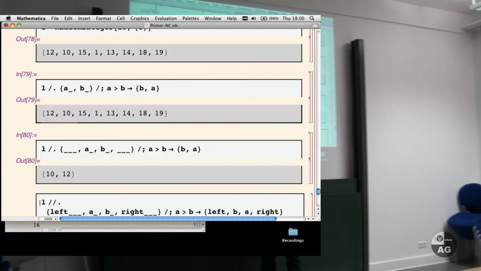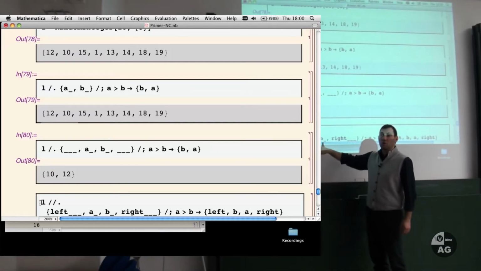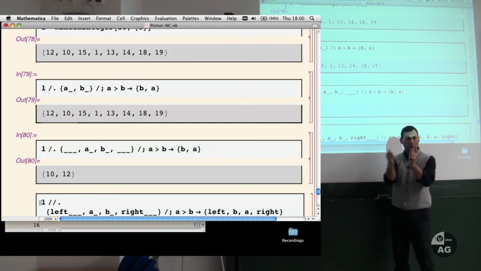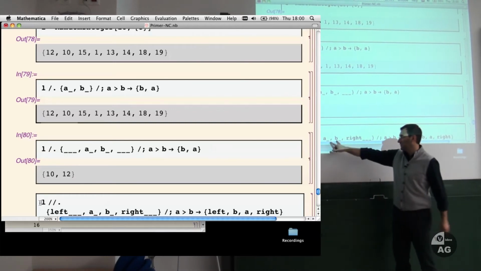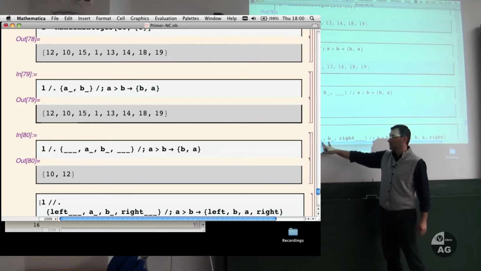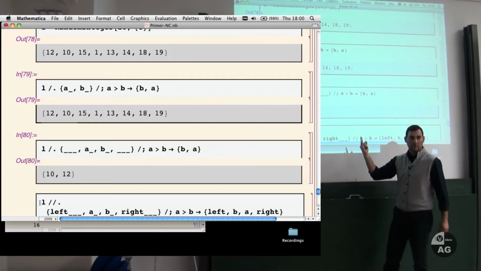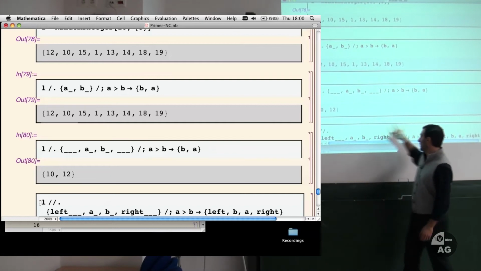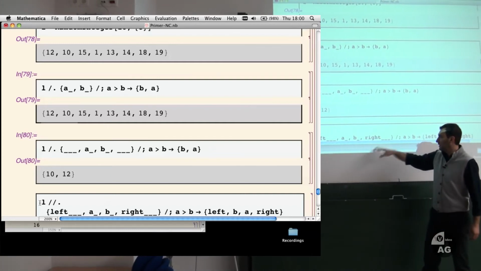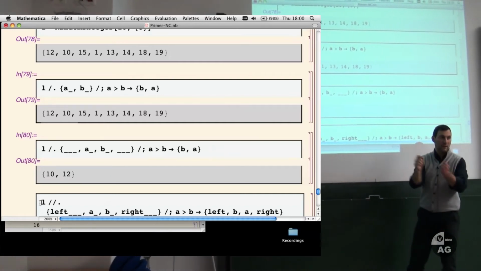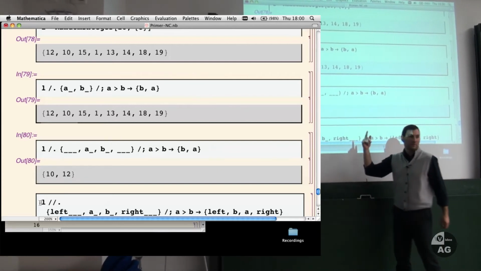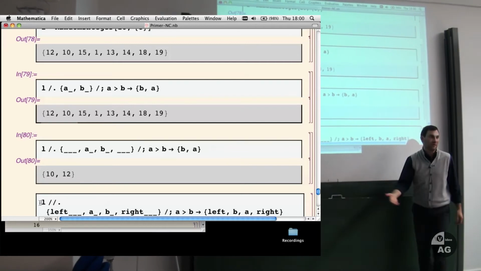So, the point is, it doesn't matter in which order you match these A and B, as long as there are 2 successive, adjacent elements that are out of order, it will keep swapping. It doesn't matter if you swap the first 2 or the last 2 or something in the middle. It will just find that 2 elements are not sorted. And if they are not sorted, it will swap them. And then it will check again, and will check again.